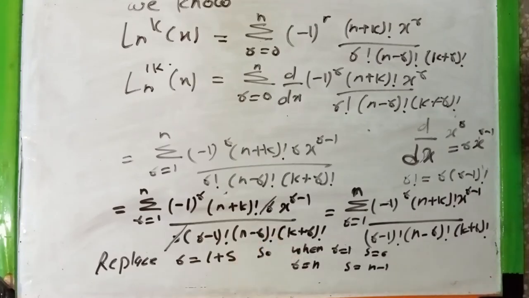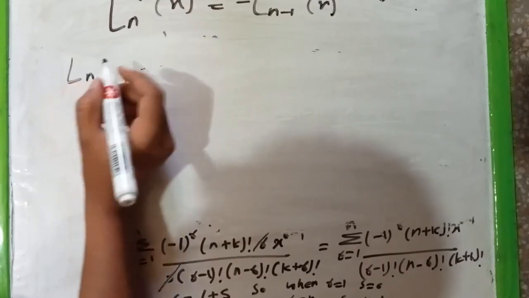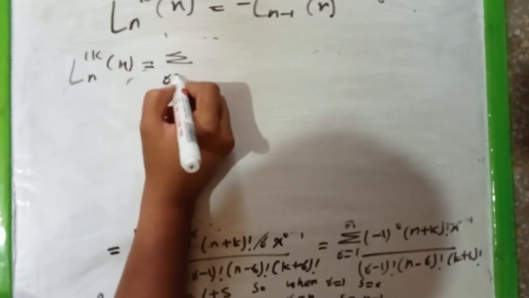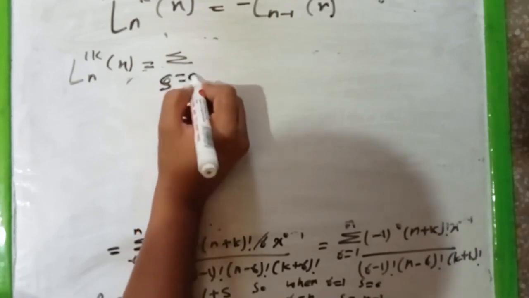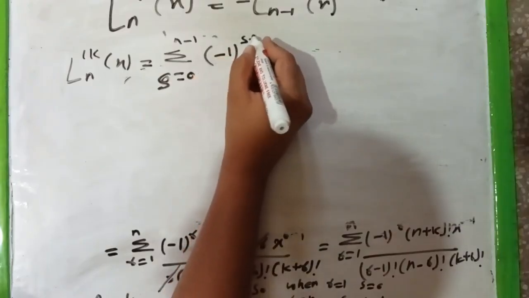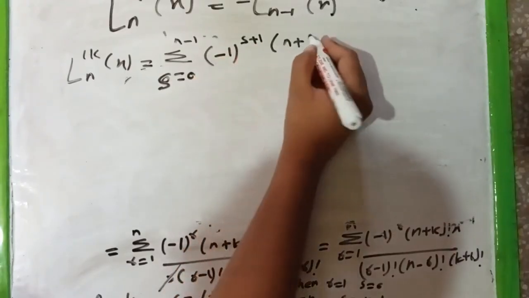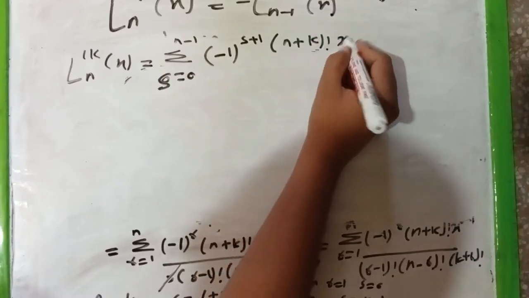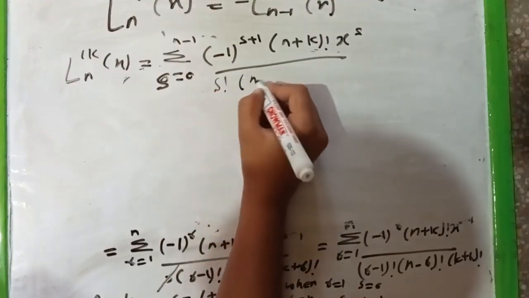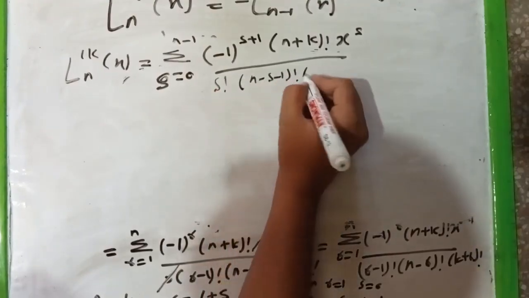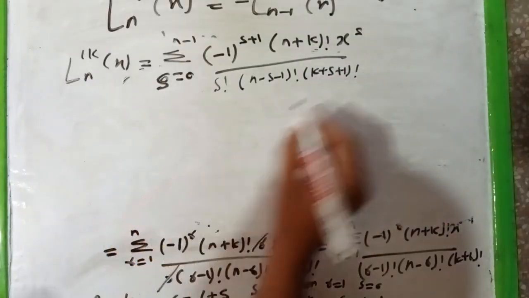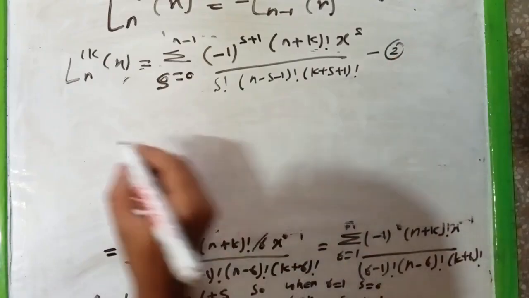So the above term becomes the derivative of L_n^k(x) is equal to the summation over s from 0 to n-1 of (-1)^(s+1) (n+k)! x^s over s! (n-s-1)! (k+s+1)!. This is equation number 2.